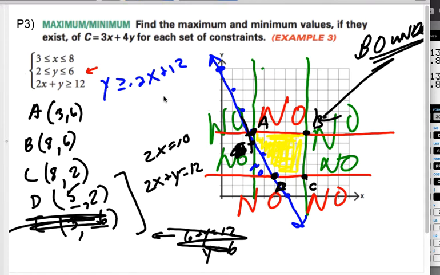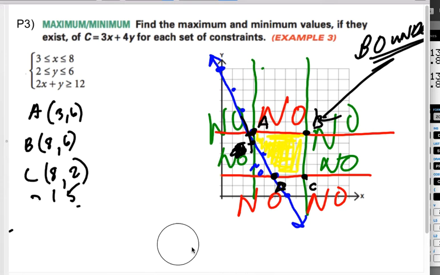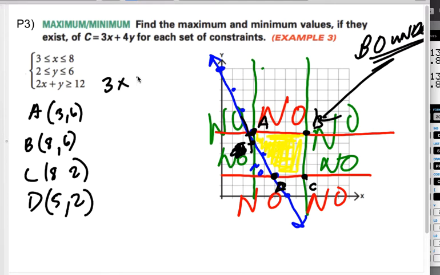So if we erase that, some of the space now, that was 5 comma 2, my bad. So if we clean this up, 5 comma 2. Okay, so now when I go to plug in, 3x plus 4y, that's what the c is equal to. So here, 3x is going to be a 9, and 4y is going to be a 24, so that's a 33.